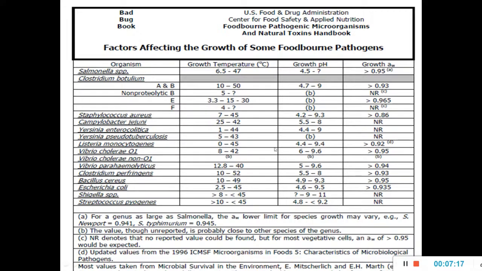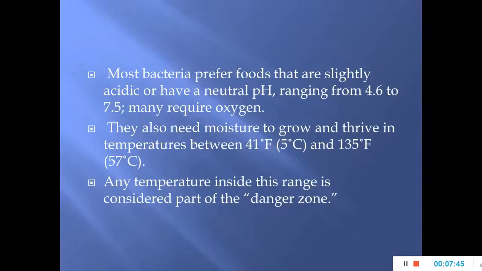And pH is something with which you can prevent microbial spoilage by controlling it. And the water activity refers to the availability of water for microbial growth. By controlling these three factors, we can in fact control the microbial growth. We have already covered this in the respective sessions, so I am not going deeper into it.